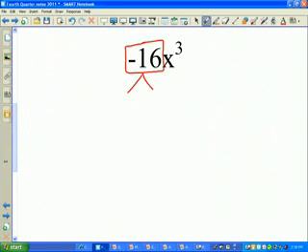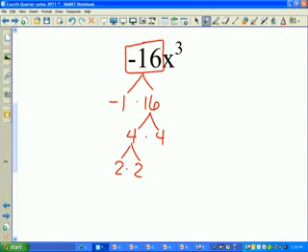But what we can do is factor out that negative 1. So I'm pulling out that negative 1 so I can get 16 in its positive frame. Because negative 1 times 16 gives me an original negative 16. So now from here, I can factor that 16, which I can get 4 times 4.